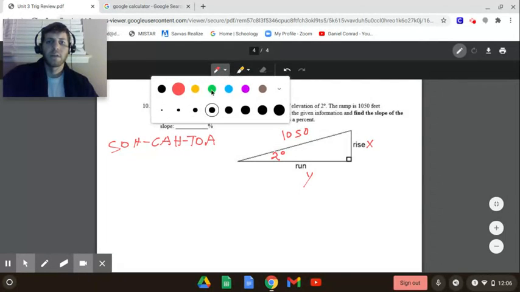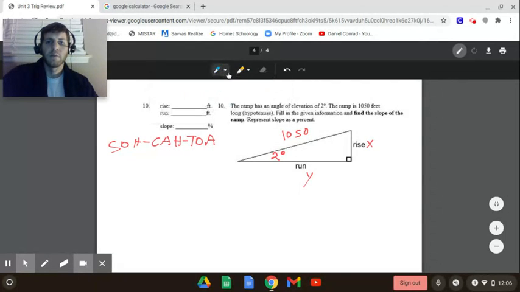Let's start with the rise here. This is our hypotenuse, and with 2 degrees here, this is our opposite. So we want to use sine: sine of 2 equals opposite over hypotenuse, so x over 1,050.